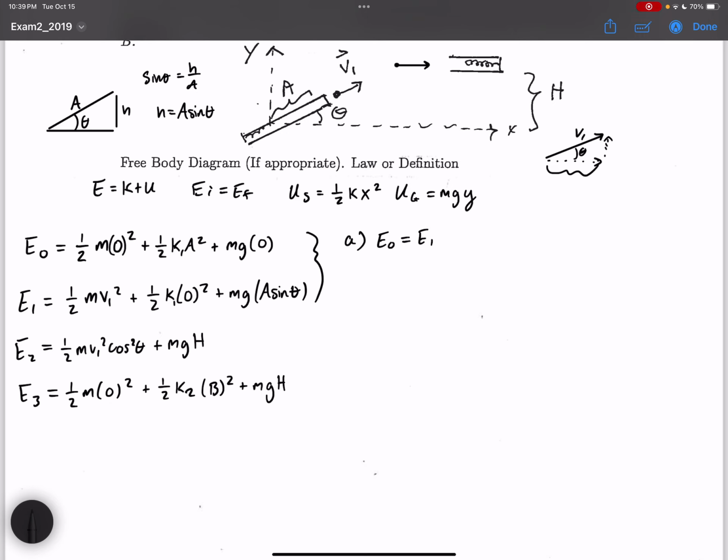Right, and so we have 1/2 K1 A squared equals 1/2 M V1 squared plus M G A sine theta. And so you just move all this stuff over.